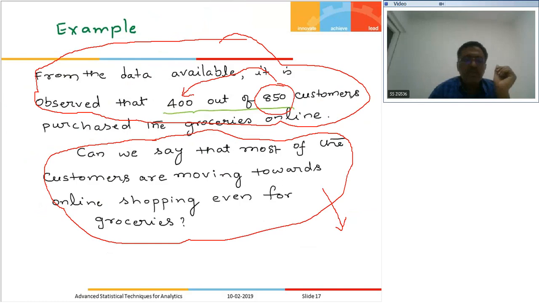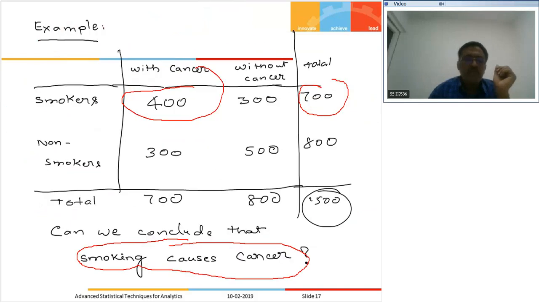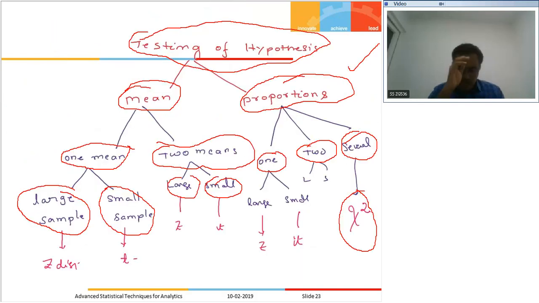Immediately, let me go back and see. Whenever we see that the discussion is simply testing of hypothesis, and the problem is related to mean only, then immediately we see whether we have two populations, two means kind of discussion. So only one mean.